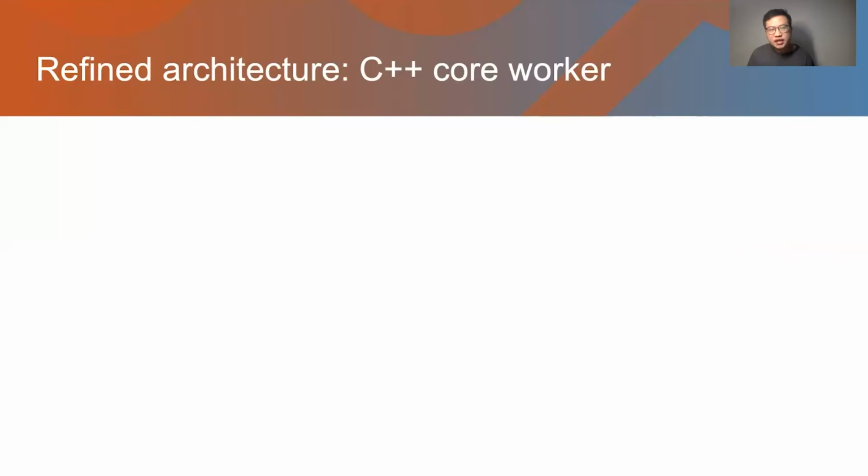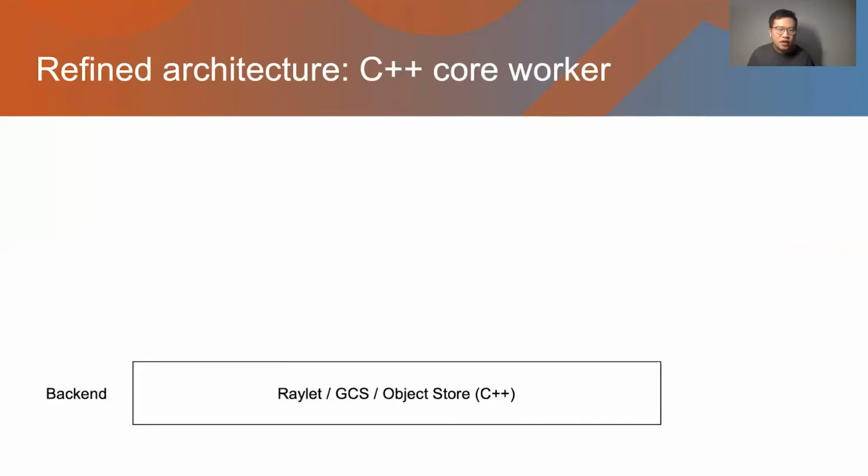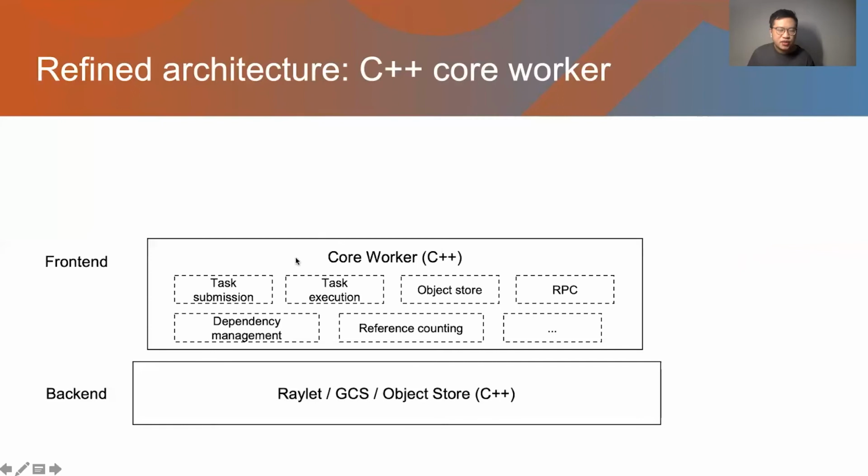And later, we made a re-architecture to fix these problems. On the back end, everything is still written in C++. And on the front end, we introduced a new layer, which is called the core worker. The core worker is written in C++, and it contains the majority of functionalities on the worker side.